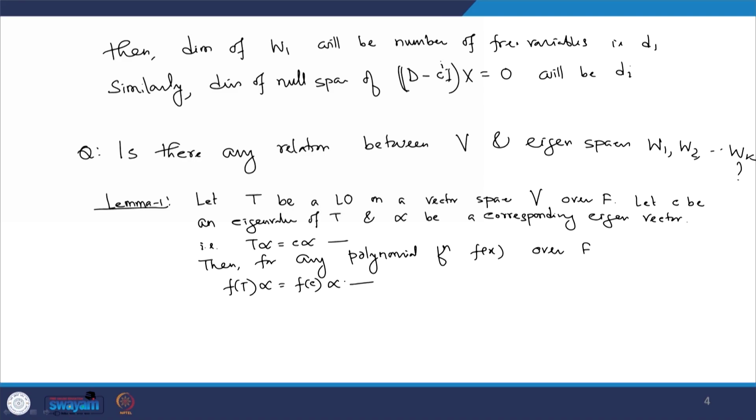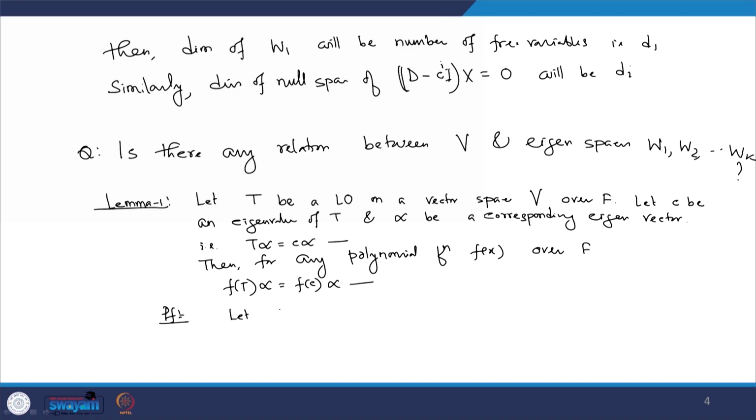This is a very simple result. If C is an eigenvalue of the operator T, alpha is the corresponding eigenvector, that is T alpha equals C alpha, then for any polynomial function f(x) over the field capital F, f(T) operating on alpha must be equal to f(C) into alpha. Proof is very straightforward.